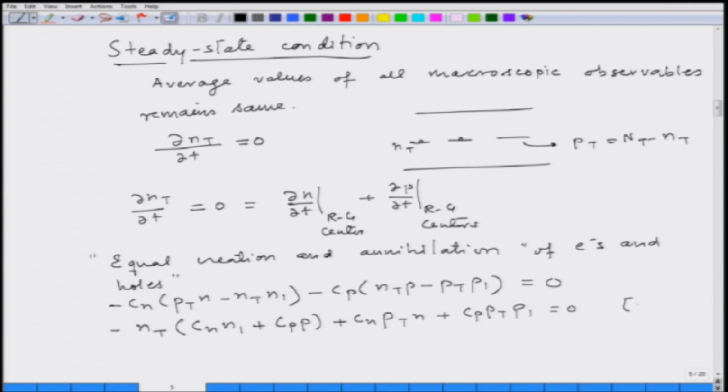But we know that p_t is nothing but capital N_t minus small n_t. So, if we substitute that here, I will write the final expression.